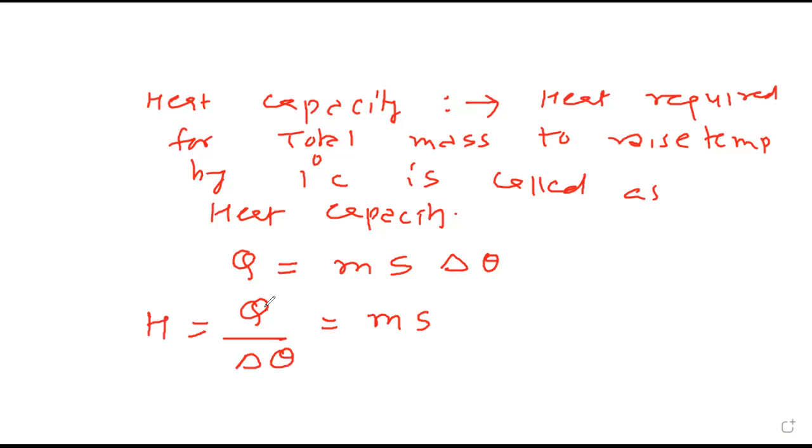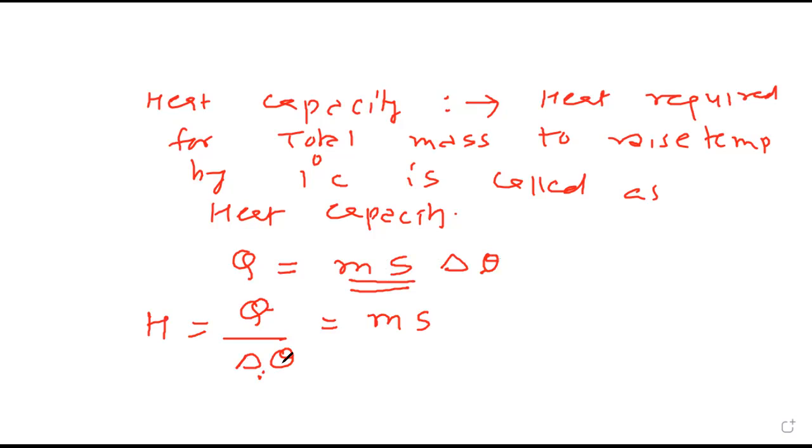Heat for total mass, but per unit. Unit means for 1. This was for delta theta, so I divided by delta theta. The ms delta theta is the heat required for total mass when temperature is changed by delta theta. So for 1 degree, I divided by delta theta.